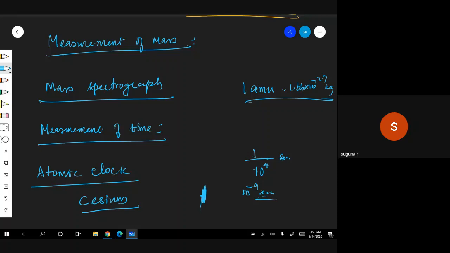Now, what is an atomic clock? It is based on that principle. You know that a vibration will not happen in half or odd manner. For one full vibration, it starts from here, goes here, comes back here, goes here, comes back here.